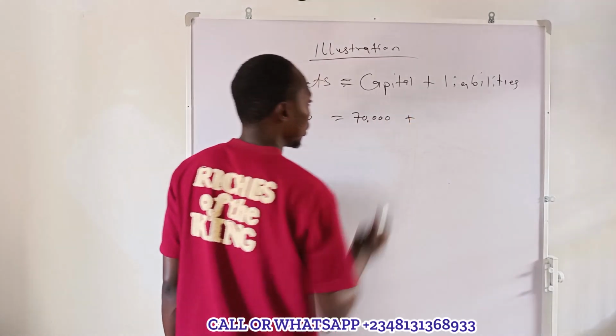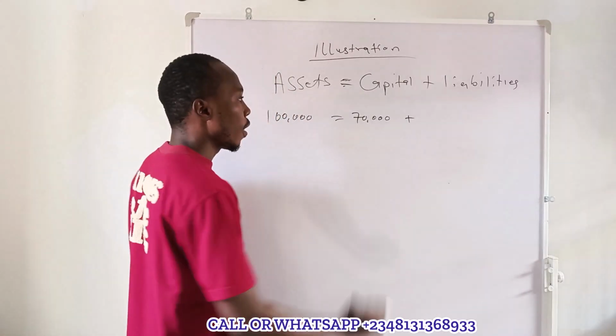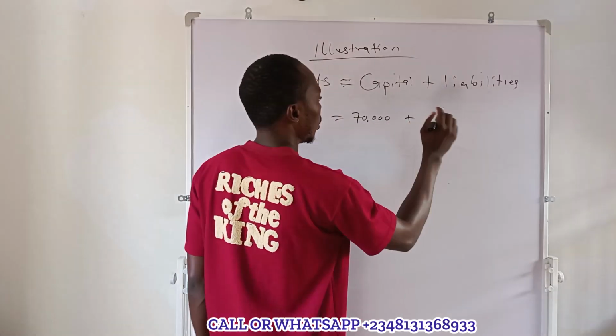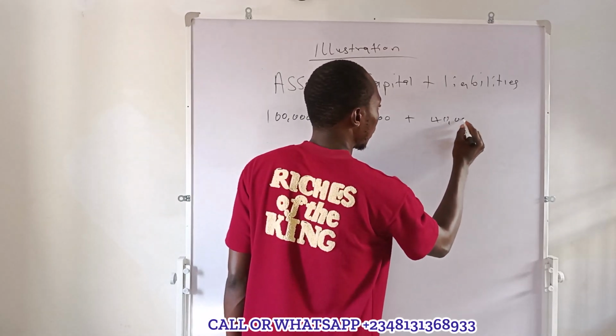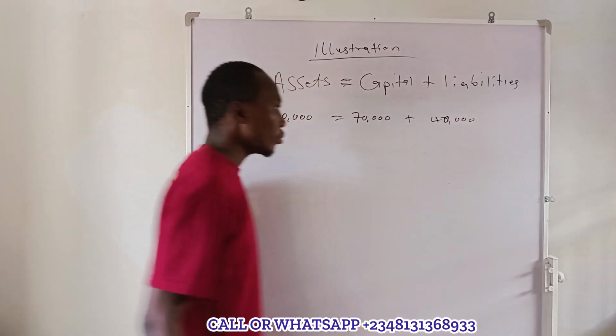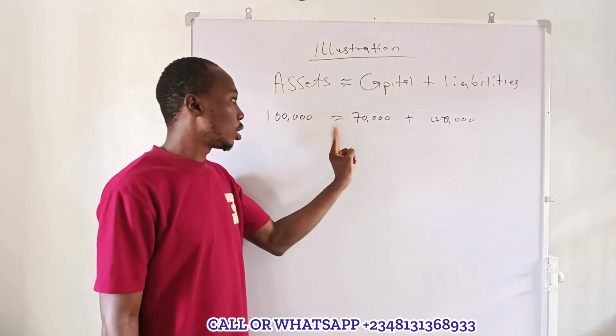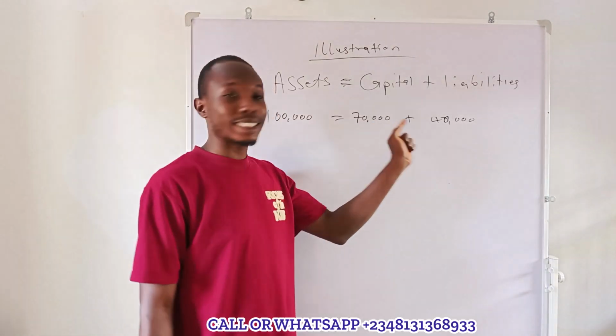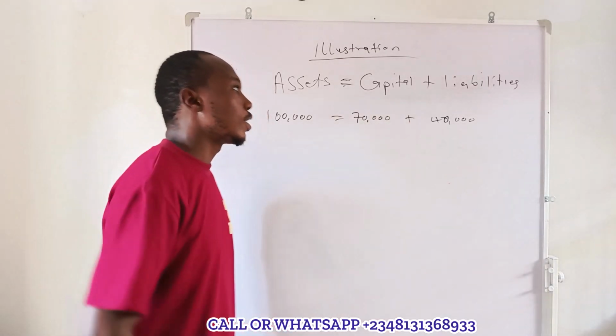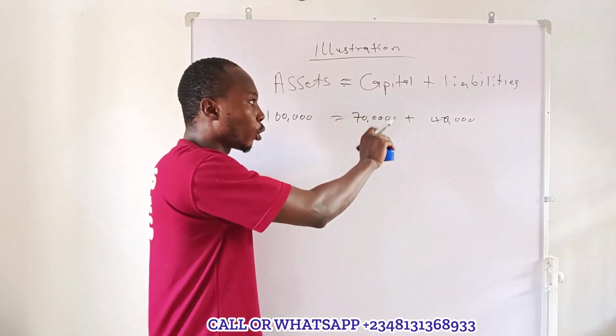Then the liability here is 40,000. Now, this will not balance because this is 100,000 equal to 110,000.